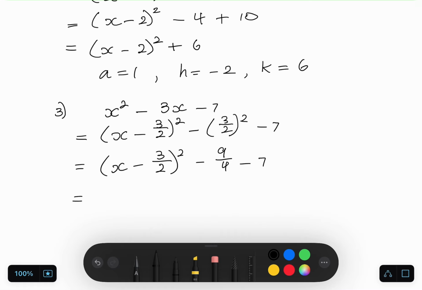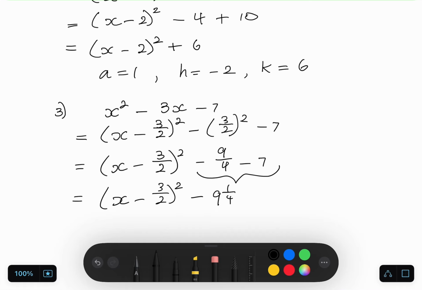And then, as I said before, this first part here in the brackets is already done. So now you just have to simplify this part, negative 9 over 4 minus 7, which is negative 9 and a quarter. Now you could write that as an improper fraction, or as a decimal. You can write it however you want. 9 and a quarter is the same as 9.25 or 37 over 4.